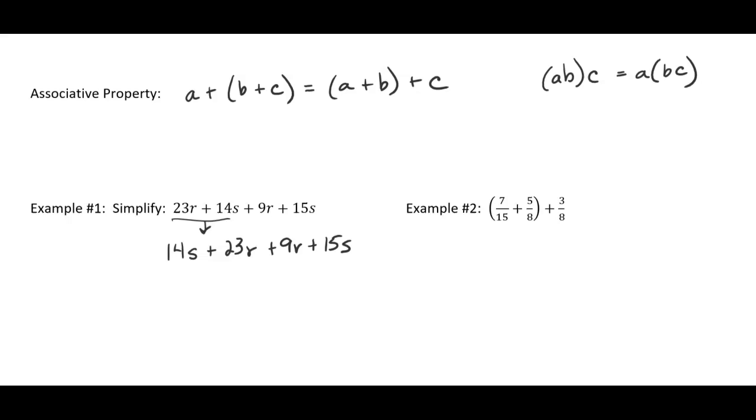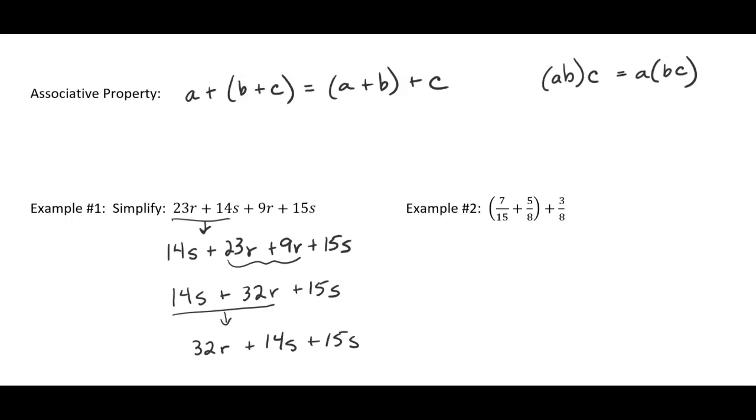Now I can look at these two and combine them. So I'm going to reassociate, combining not the first two, but the middle two. So I can say 14S plus, what's 23 and 9, 32R, plus 15S. And now I'm going to switch these two. I'll use the commutative property, switch them back: 32R plus 14S plus 15S.